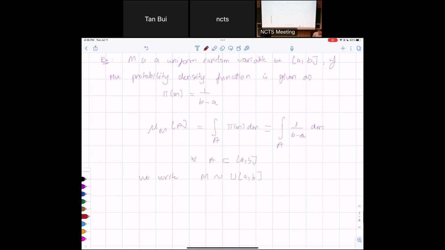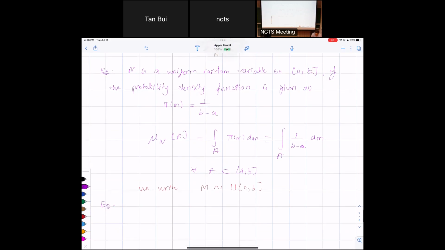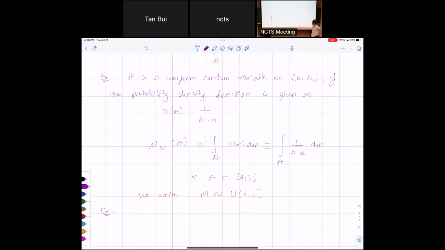Okay, another example. And by the way, you see that? If you learned Riemann integration or Lebesgue integration, this is nothing more than the density. Actually, I'm sorry, I should have said what dm means. Dm is just the usual. I'm sorry for those who haven't seen Riemann integration.